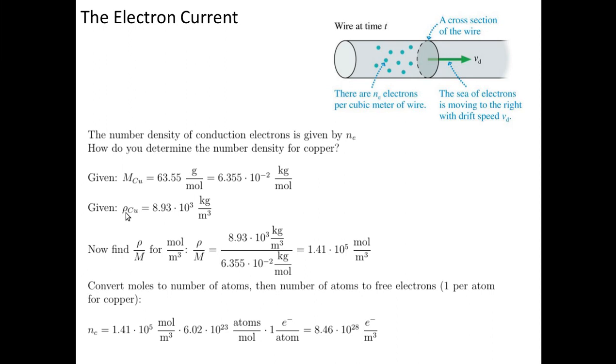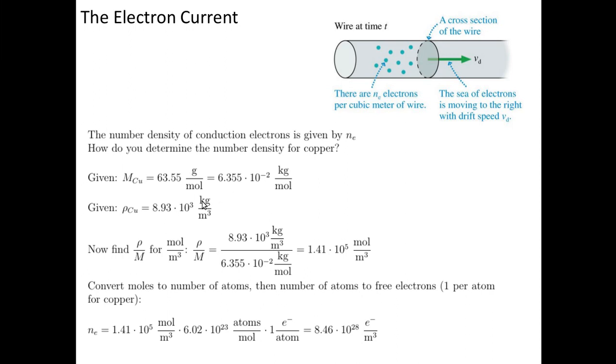Now the first thing I want to do is calculate the molar density, which is the ratio of the material's density and its molar mass. I'm going to have kilograms per meters cubed in the numerator. If you look it up in grams per centimeters cubed, at least make sure this is converted to cubic meters, and make sure the masses are the same because you want them to cancel.